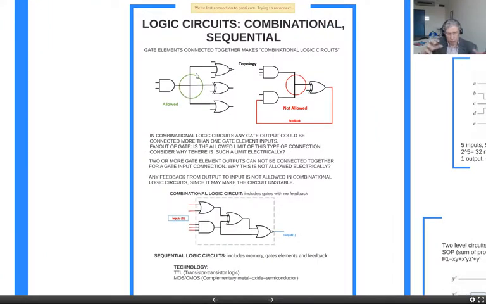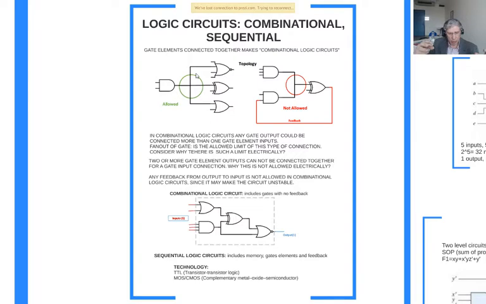Now we have got the logic elements, as we have seen before: AND, OR, complement or inverter element, NAND gates, NOR gates, XOR gates, XNOR gates, and a high number of fan-in inputs elements.